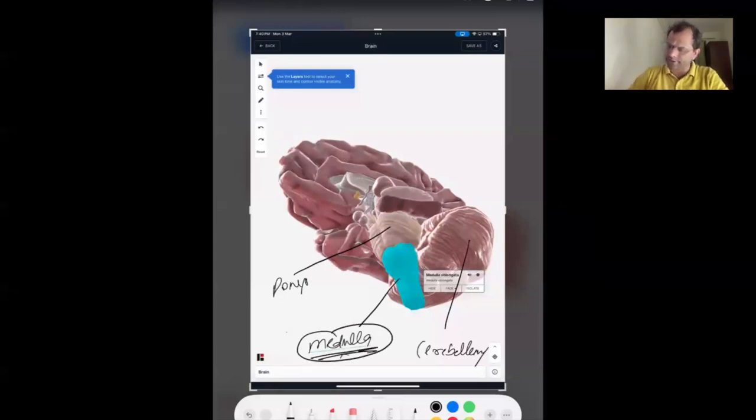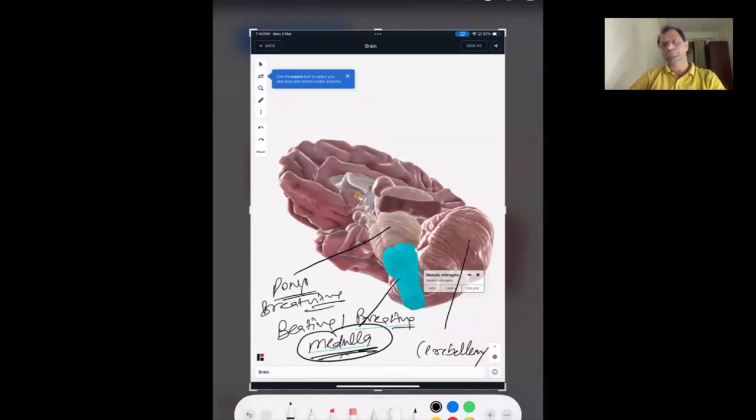Medulla is controlling beating and breathing, heartbeat and breathing. Regarding the pons, it also controls breathing.